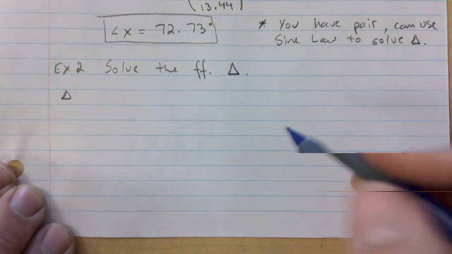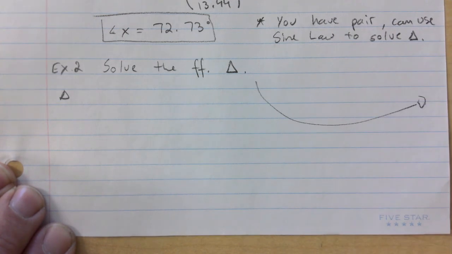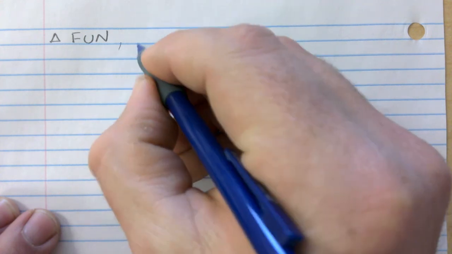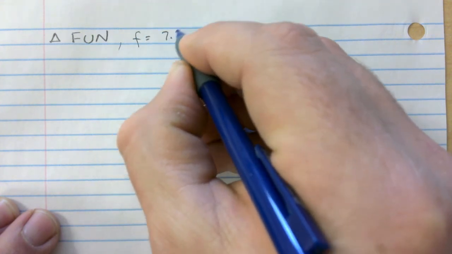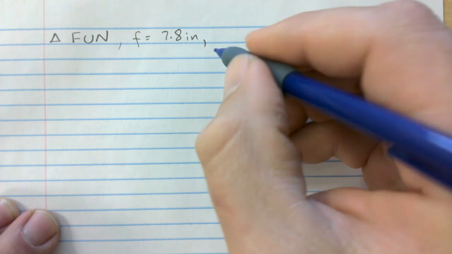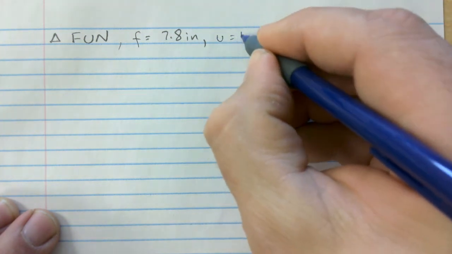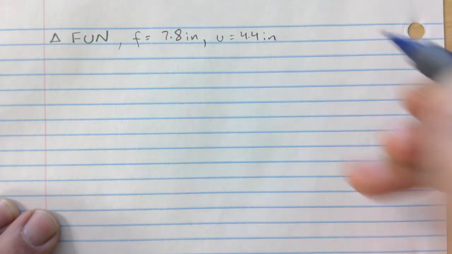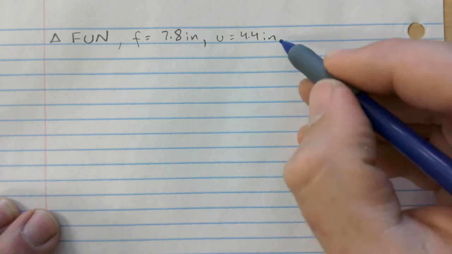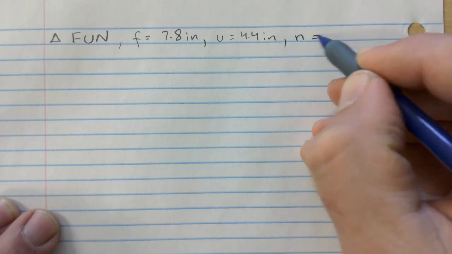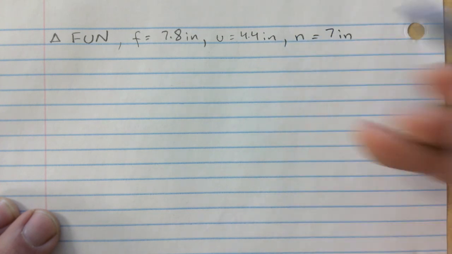So I'm going to continue on the next page. Triangle FUN, F is equal to 7.8 inches. U is equal to 4.4 inches. N is equal to 7 inches.